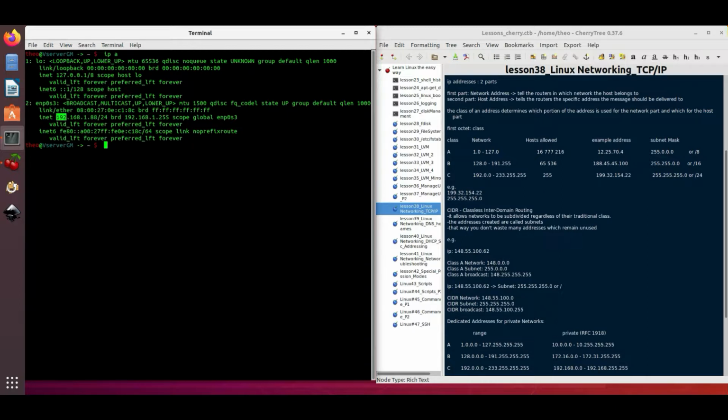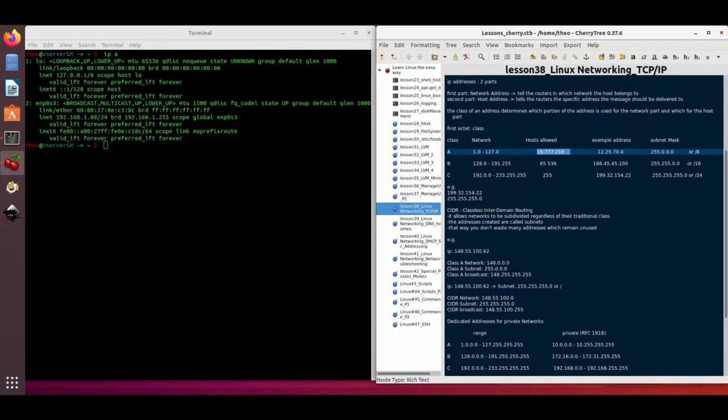There are more than 3 classes, but the main classes that you should know for this lesson, for Linux networking, would be the first 3 classes. Class A is the one to which the networks from 1.0 to 127.0 belong, and the hosts that are allowed there.